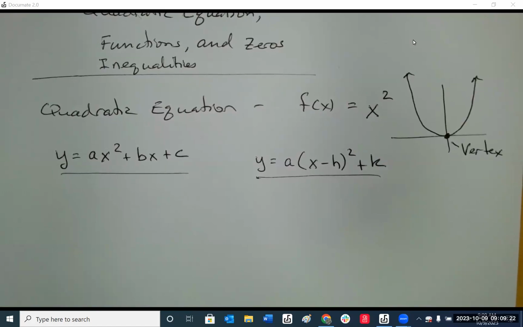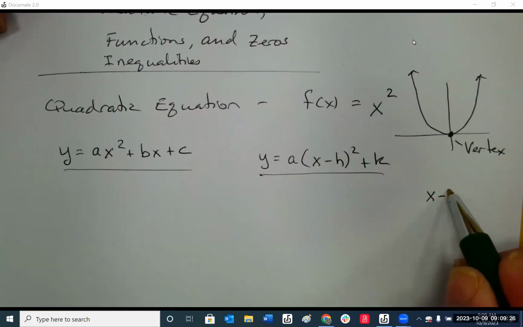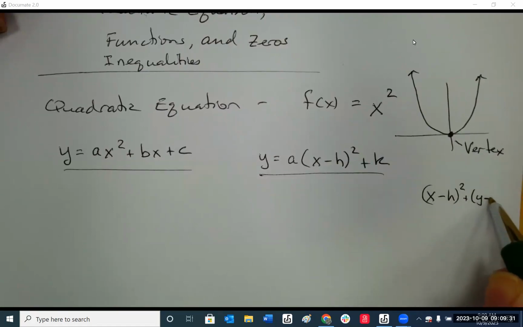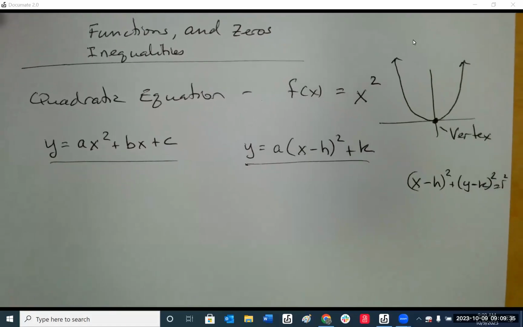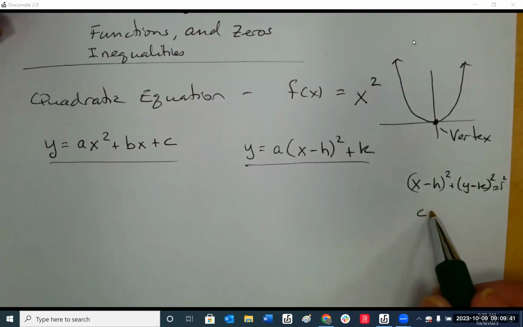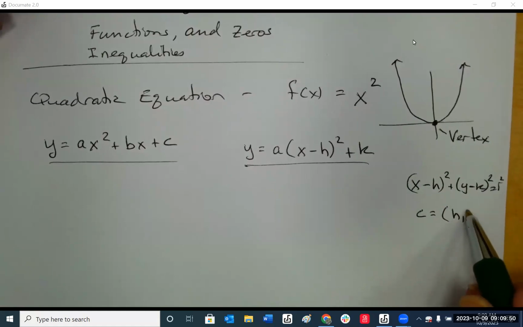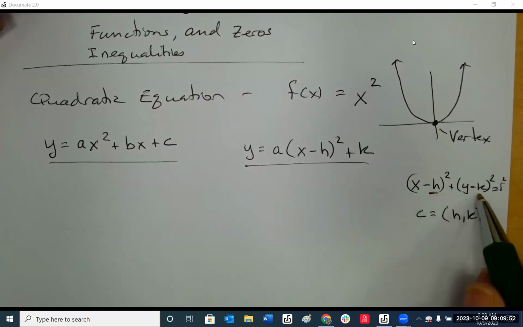Remember when we dealt with circles, we had an equation that looked like this: x minus h squared plus y minus k squared equals r squared. Where was the center of that circle? h, k.